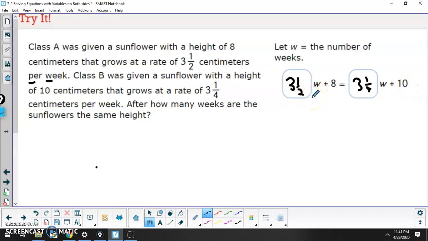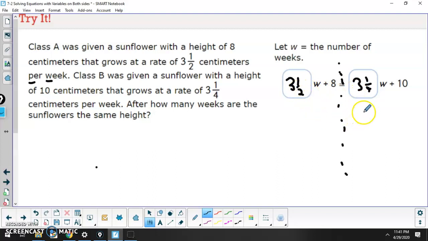To solve this one, the first thing you notice is you have two variable terms, and they're on opposite sides of the equal sign. When that's the case, you're going to have to combine the variable terms. But you're not going to be able to combine the variable terms right through the equal sign.